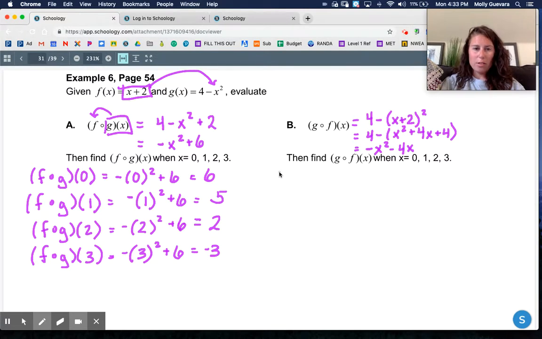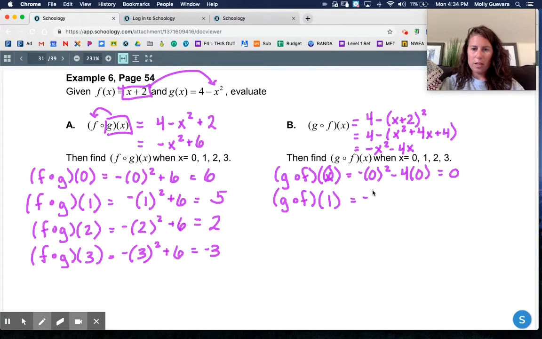And then I'm going to do the same thing. G with f of 0 is negative 0 squared minus 4 times 0, so I just get 0. G with f of 1 is negative 1 squared minus 4 times 1. So that's negative 1 minus 4, which is negative 5.